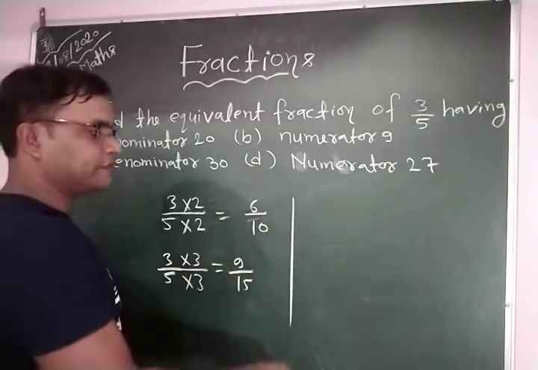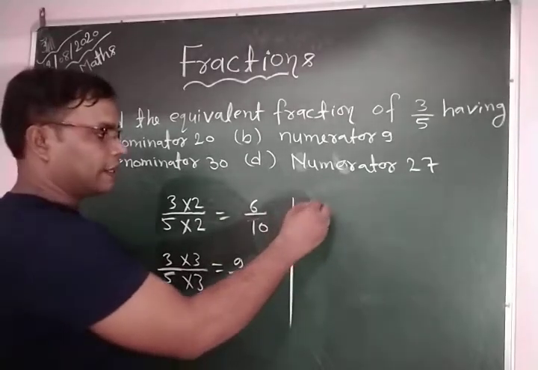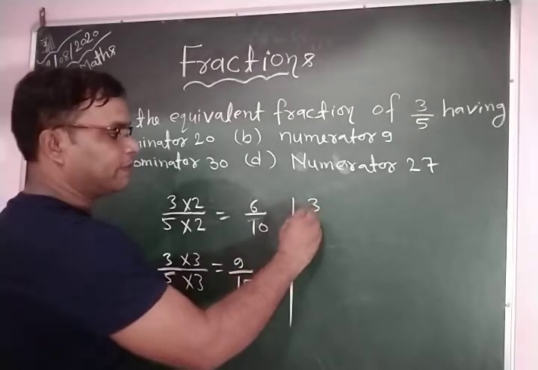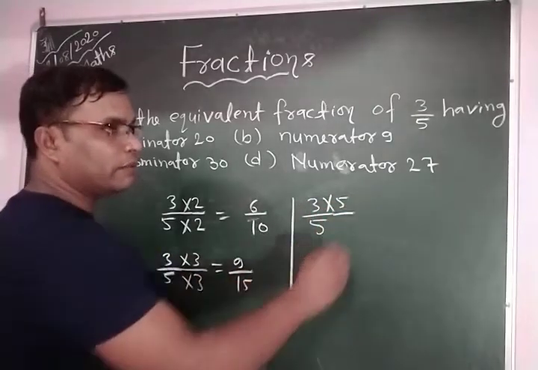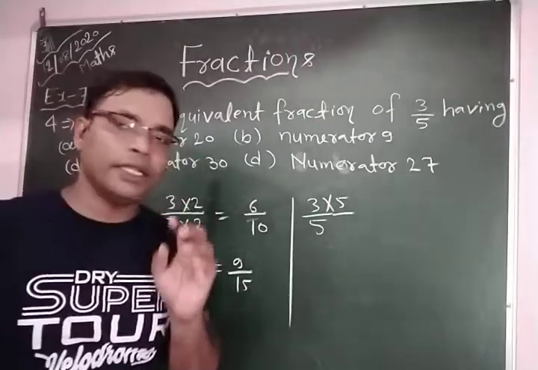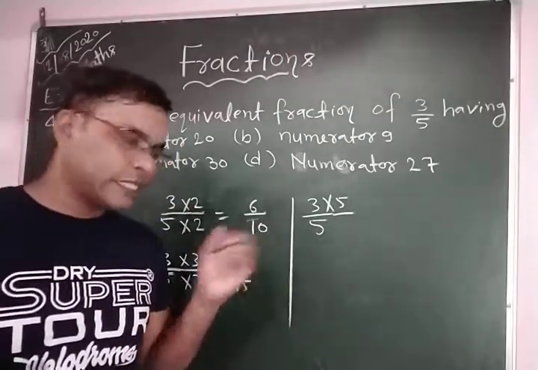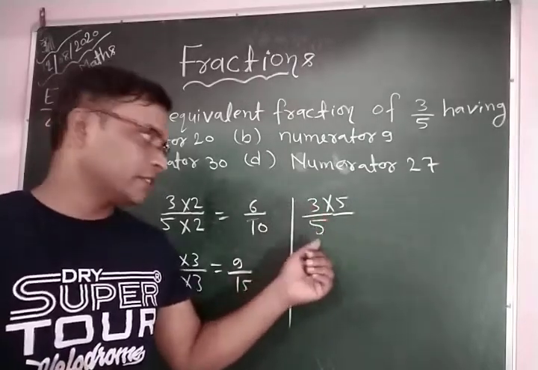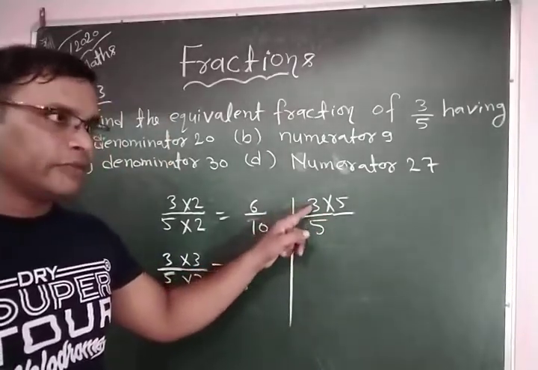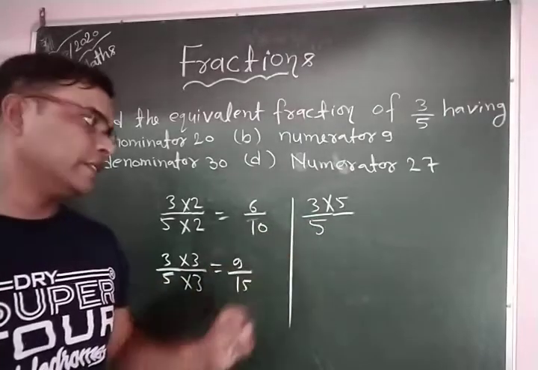If you multiply 3 by 5 by 5, we multiply and divide the same number in the numerator and denominator. 3 is the numerator and 5 is the denominator.